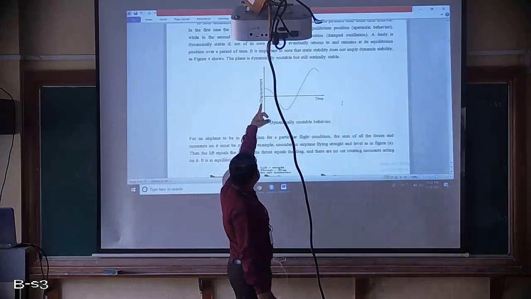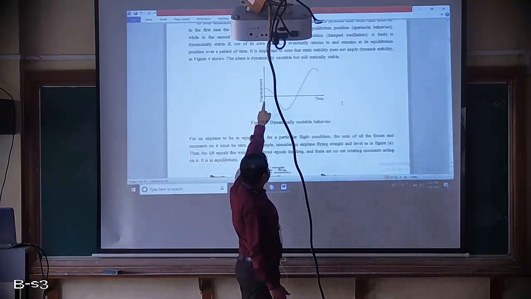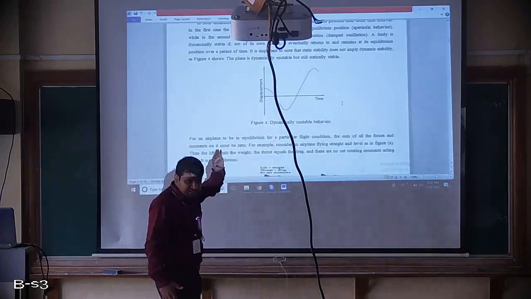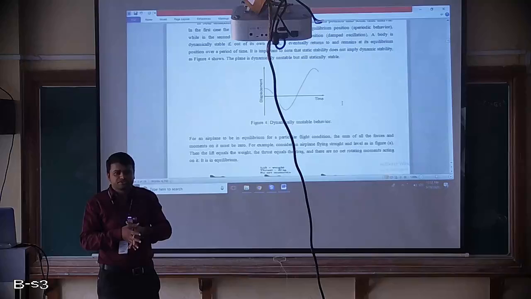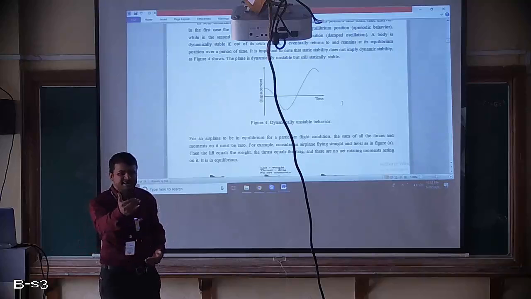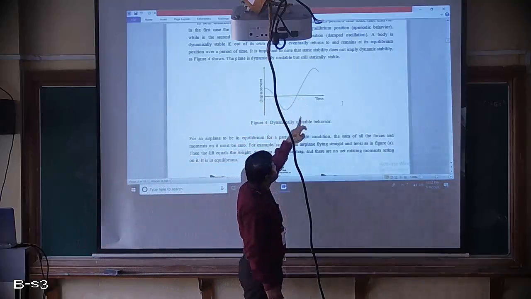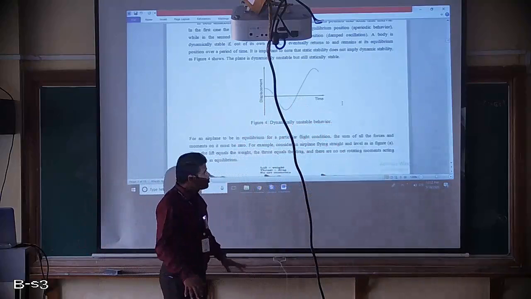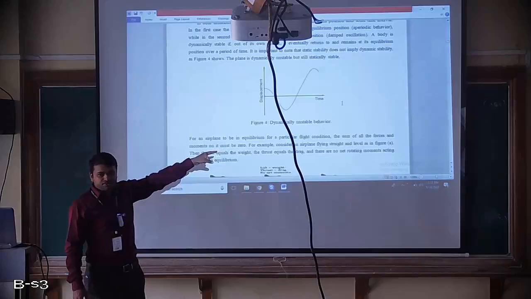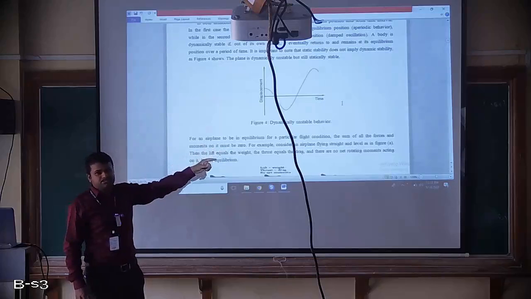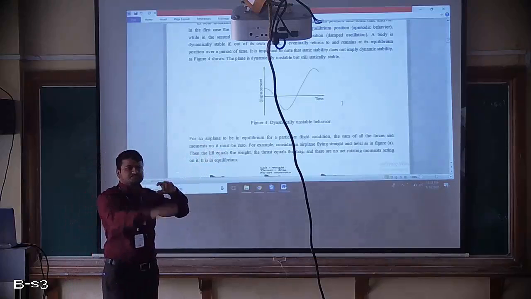Now there is a disturbance, and your aircraft is trying to come back to its original position, but it's not happening. Instead, the disturbance is increasing as time increases. It will not come back to the original condition, but instead keeps on getting disturbed.